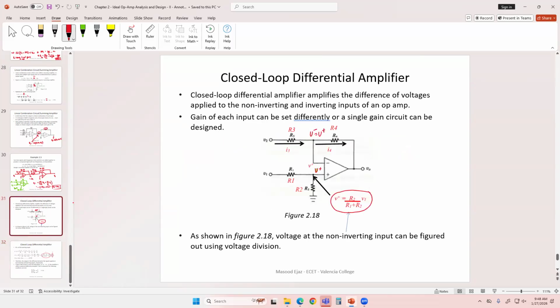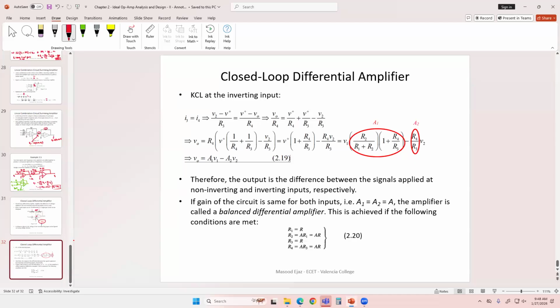V positive is V1 times R2 over R1 plus R2. So V1 times R2 over R1 plus R2 times (1 plus R4 over R3), minus R4 over R3 times V2. This first part can be considered as one of the gains, A1.